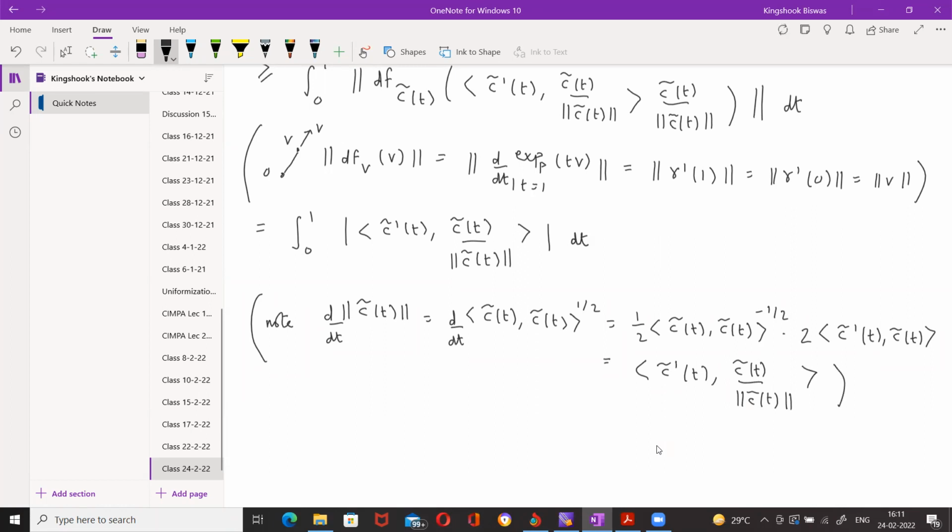Is this clear? Yes. So this integral is greater than the integral without the modulus, so this is greater than the integral of just C tilde prime t, C tilde t over the norm of C tilde t.